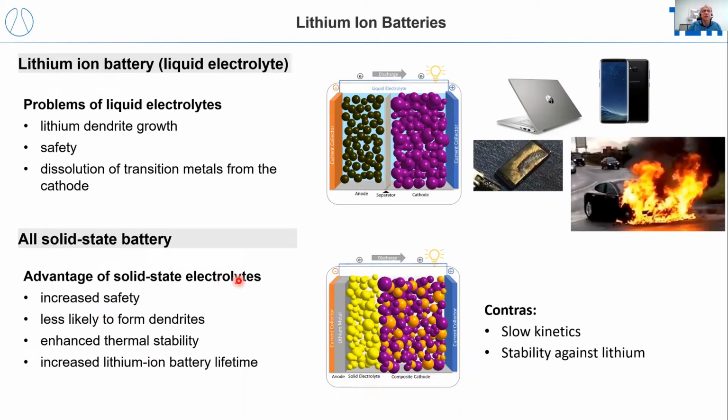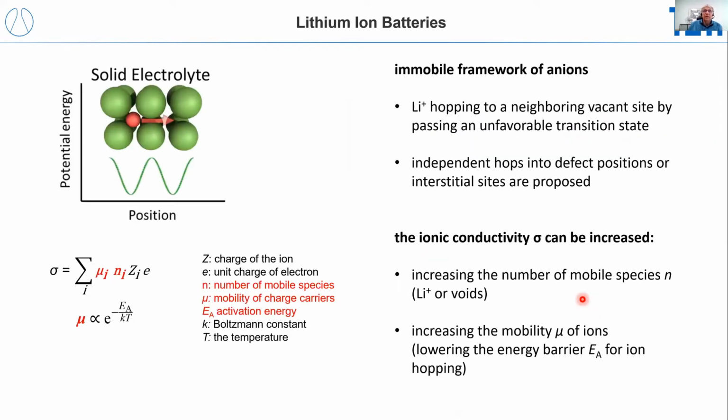But they have some disadvantages: they have static problems, and they do not yet have as good an electrochemical stability as the liquid electrolytes. So there is a simple idea of how we think the electrolyte works. The lithium atom hops from one site to a vacant site, and we have some energy barrier to go over this.